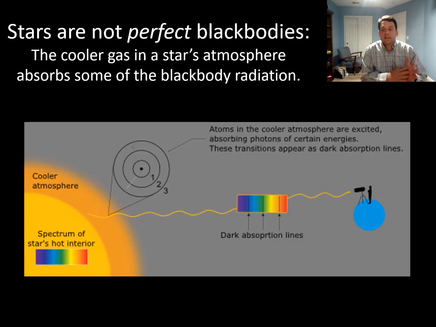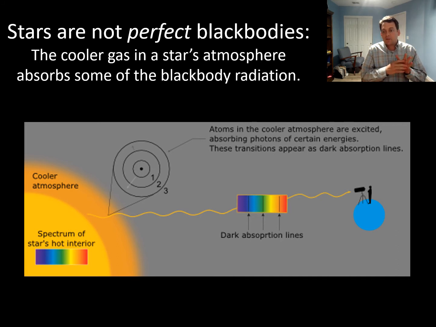Now, I just made the claim that stars are black bodies, and that's why we spent some time studying blackbody radiation. But I have to caveat that now and tell you that stars are not perfect black bodies. So far what we've studied is an ideal black body that has a very nice smooth spectrum with a peak given by Wien's law again, and a total luminosity given by the Stefan-Boltzmann law.